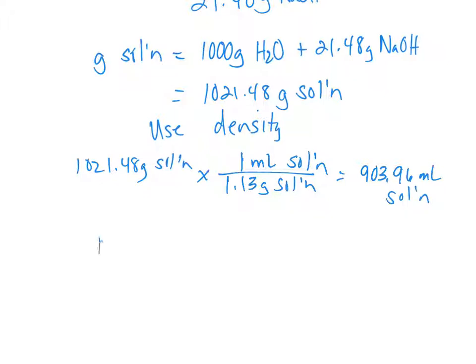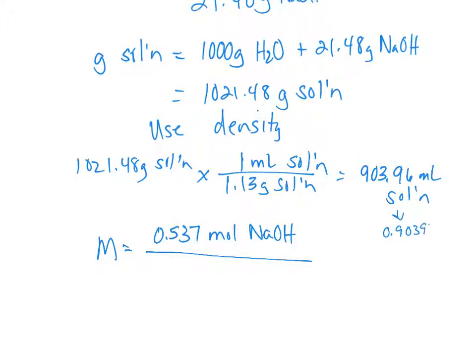Previously, we calculated the moles, 0.537. Now we divide by our volume in liters, 0.903 liters, and we should end up with 0.594 moles per liter of sodium hydroxide.